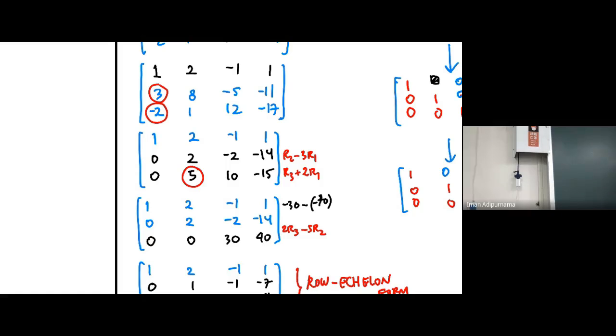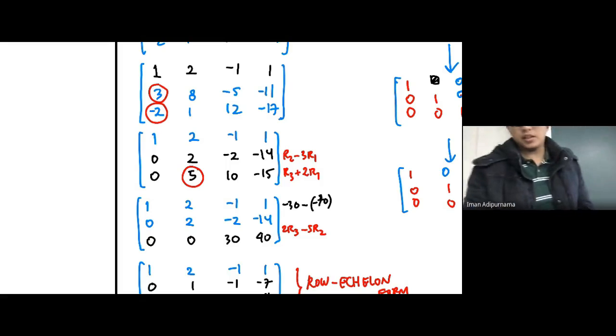Or maybe this 5 with this 2, and maybe you will change the 0. But anyway, there are many ways you can do it. The guideline that I think will generally be good for you is making this 1 0 0 the first time, and then the rest you can do as much as you want. Okay, that's the Gaussian and Gauss-Jordan eliminations.